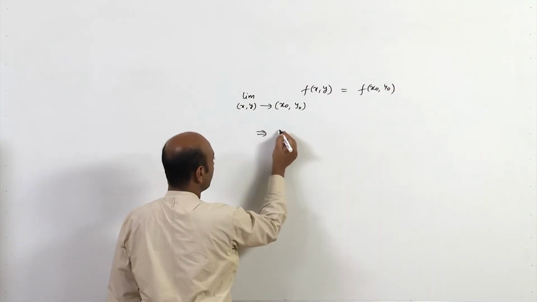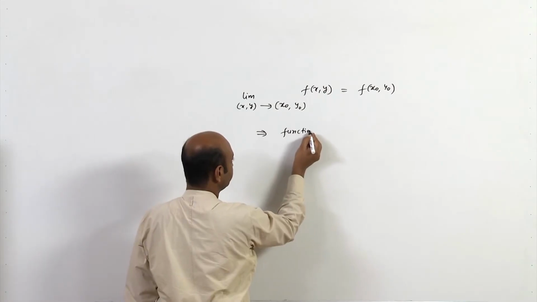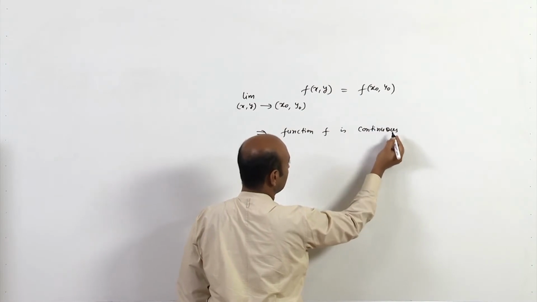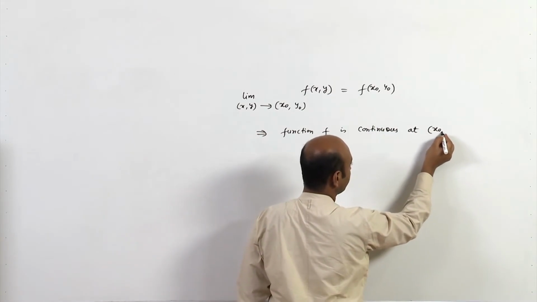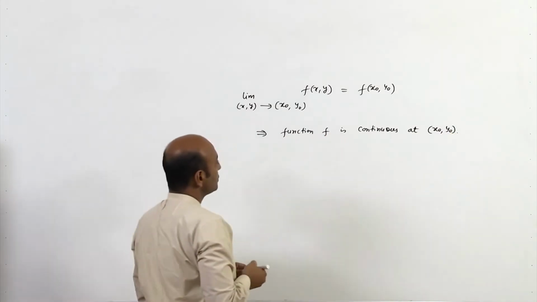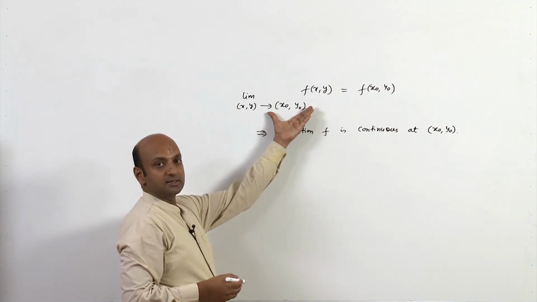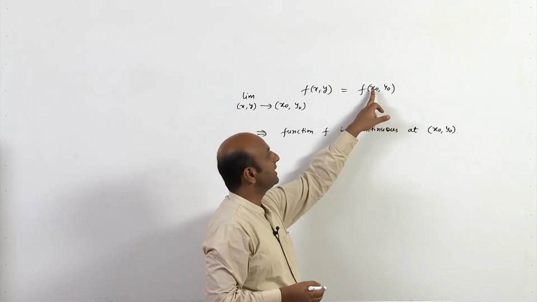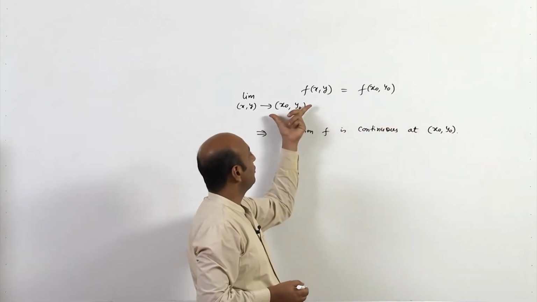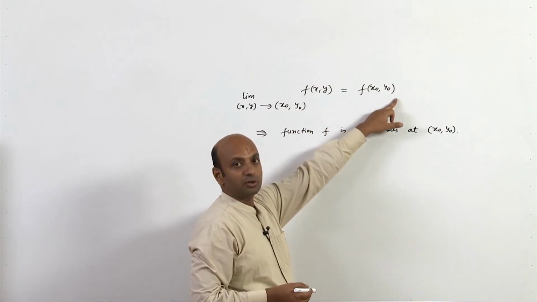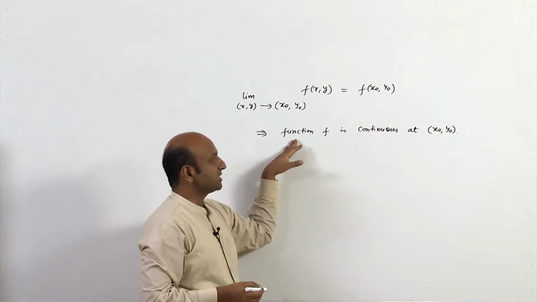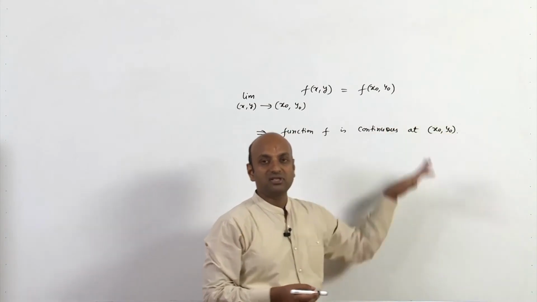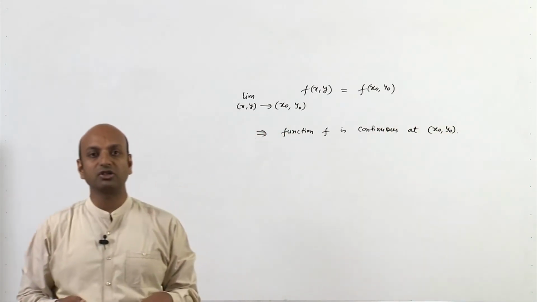This implies the function f is continuous at (x0,y0). So the limit should exist and be unique, the function should be defined at (x0,y0), and the value of the limit must be equal to f at (x0,y0). Then the function is continuous at (x0,y0), and if it holds for every (x0,y0) in the domain of f, then we say that the function is continuous in the domain of f.